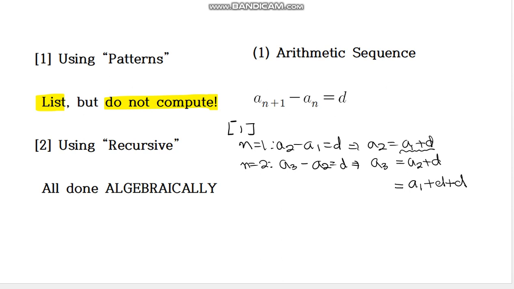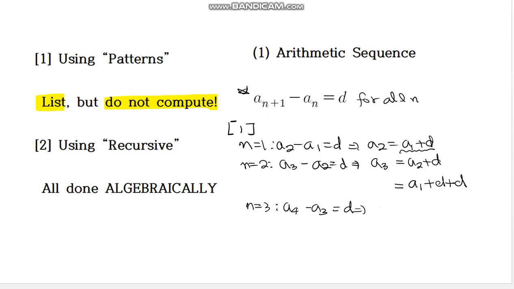Now, if n is 3, then it's a4 minus a3. This is also d, because whatever n you take, this equation means it's always d, right? So this is an arithmetic sequence.